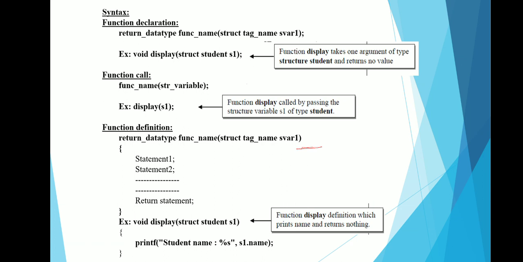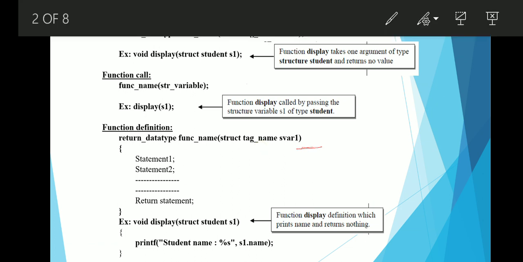And the function body contains a set of statements. These statements are nothing but the actual work that will be done by the function which you have defined. And finally, if there is any return value which it is going to return, then you will have to specify the return statement. Otherwise, you can skip this part.